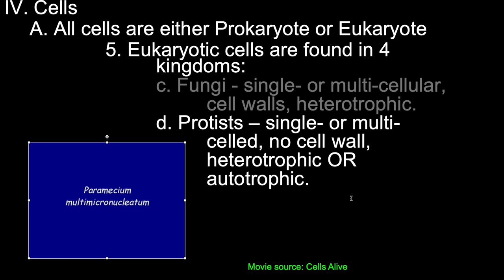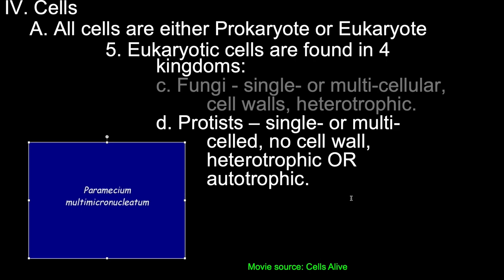Those are single-celled examples, but they can form multicellular structures, like some of our algae and things that grow in oceans or in water. There is no cell wall with our protists. They are heterotrophic or autotrophic. So some members are heterotrophic, some members are autotrophic, a little bit like our bacteria.